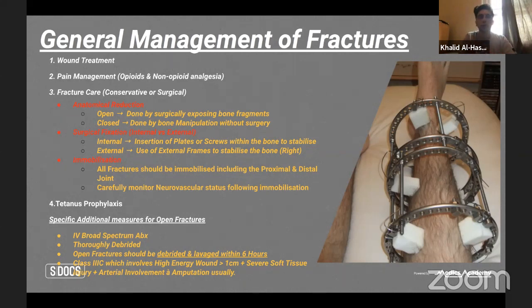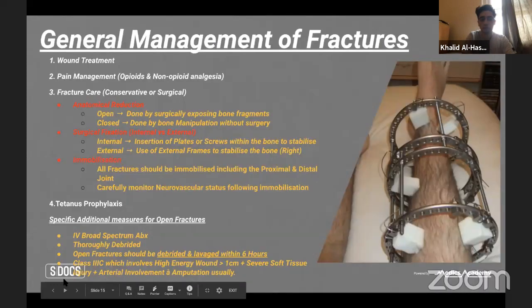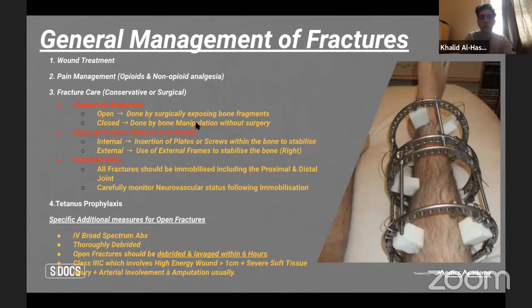An open manner generally indicates that there has been an incision made and we are surgically exposing the bone fragments in such a way that we are able to bring the two pieces closer together. Before we do fixation, we tend to do reduction by bringing the pieces back together first. Closed can be done by bone manipulation without surgery.